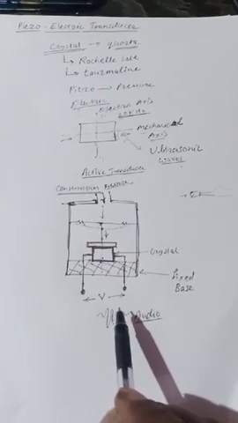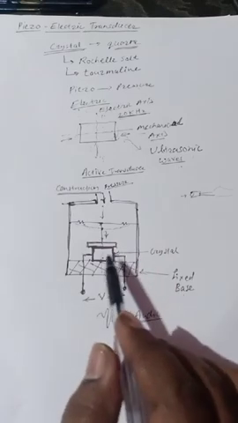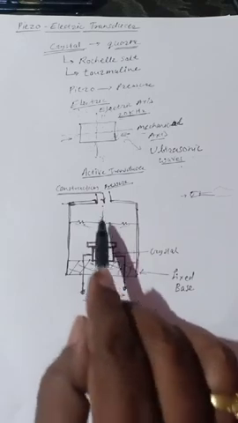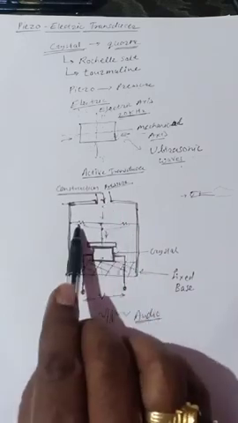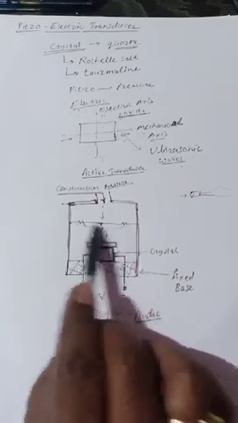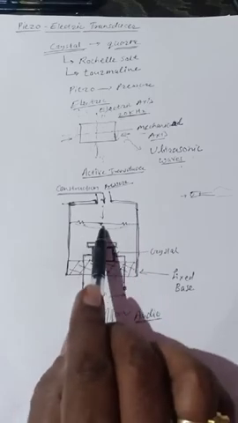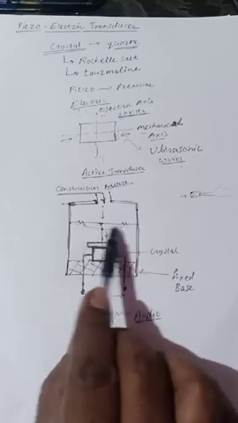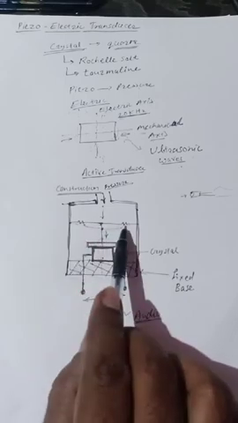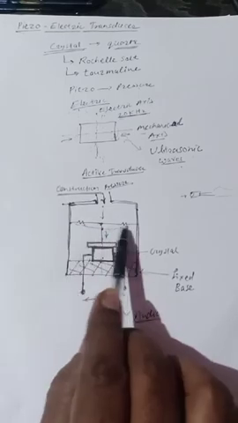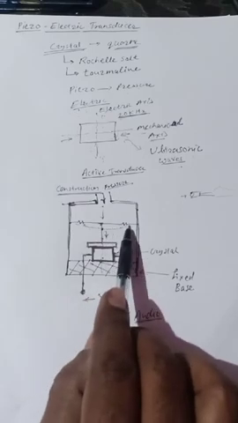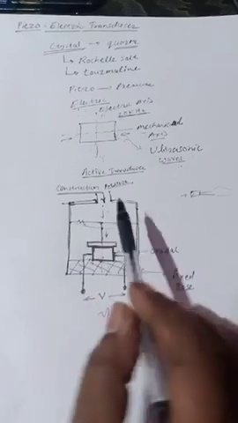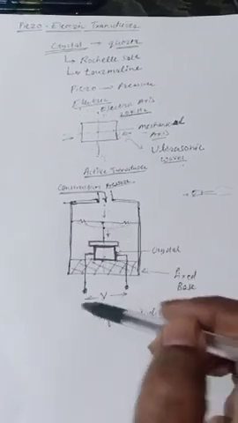Okay, so this is the construction of a piezoelectric transducer. The pressure causes the diaphragm to bend, and that bending of the diaphragm creates the pressure. And this is spring loaded, just like these corrugations provide a spring action. If there is no pressure, that corrugation brings the diaphragm back to the original position.